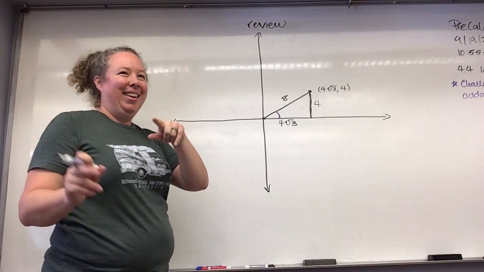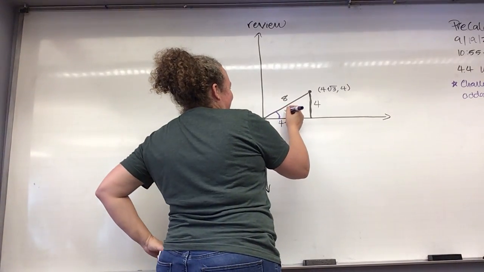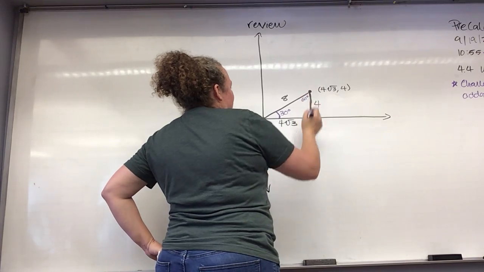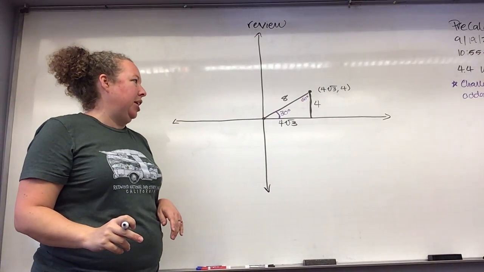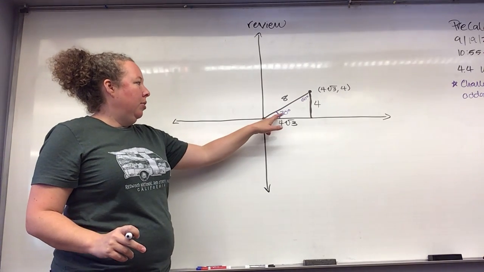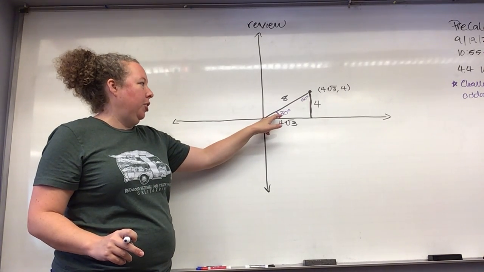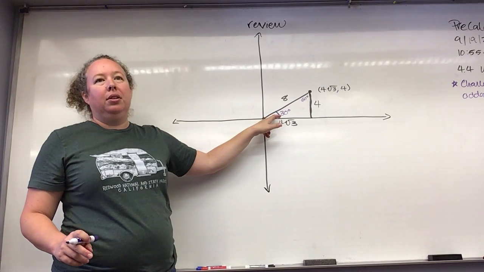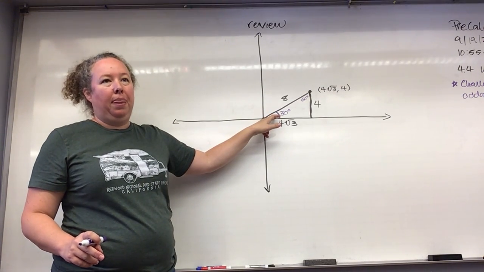You got it. Are you sure? Yes. Okay, 30, 60, 90 triangle. That's right. So this is a 30, 60, 90 triangle, and it's one where this angle that we have next to the origin is the one that is 30 degrees.